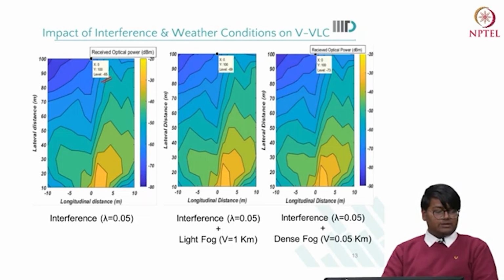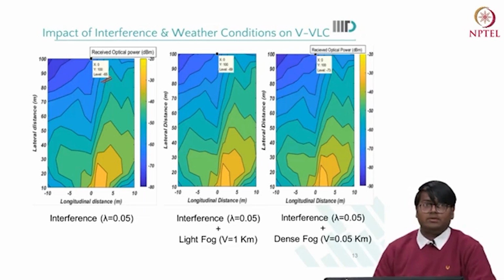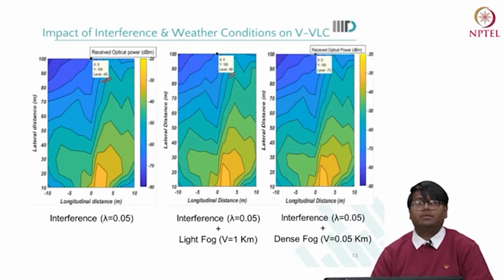One can observe that when we consider the impact of light fog as well as the interference, then the average optical receive power at a distance of 100 meters reduces to minus 69 dBm.